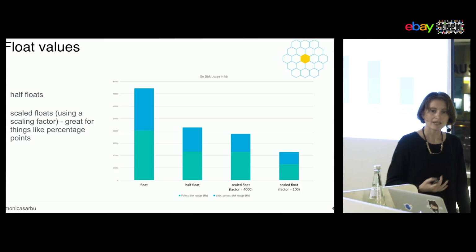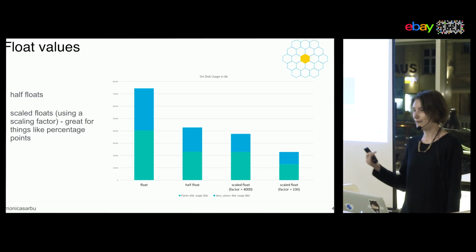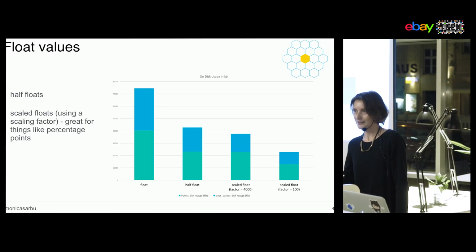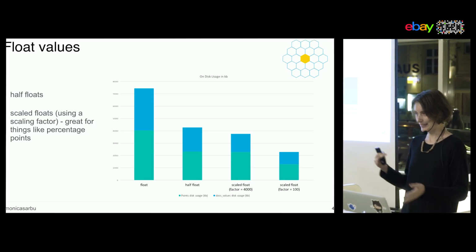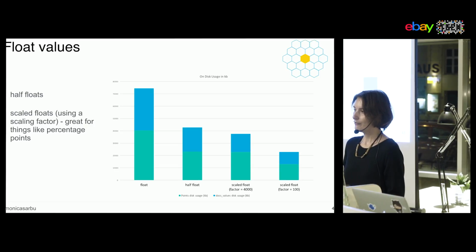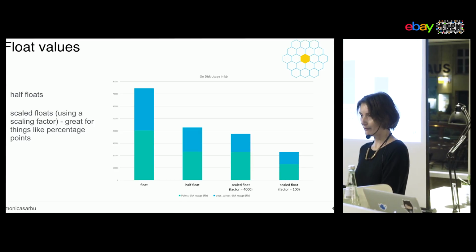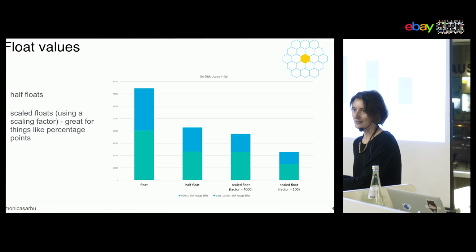The second type is scaled float. What this means is that you store a float value as an integer with a scaling factor. So, for example, if you have a scaling factor of 100, you multiply 100 with your float value, and then the result, you store it as an integer in Elasticsearch.